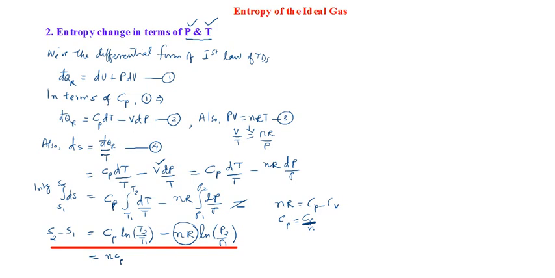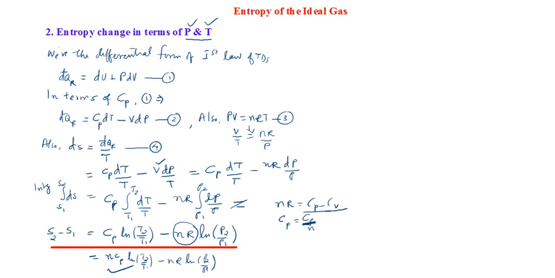Then everything else is the same: n cp log of T2 by T1 minus n R log of P2 by P1, depending on your requirement. So this is also a modifiable equation, or in place of nR you can substitute Cp minus Cv. So that's about the entropy change derived in terms of the pressure and temperature for an ideal gas.